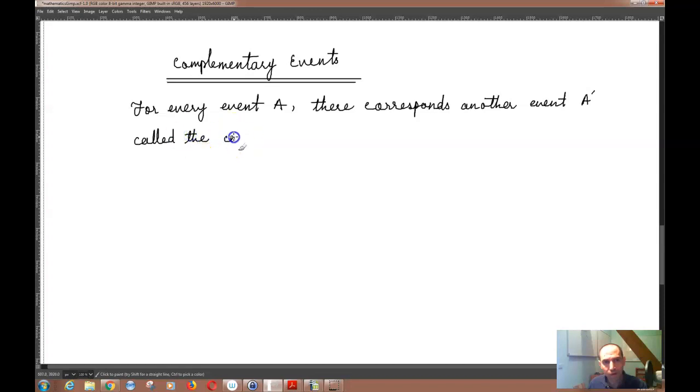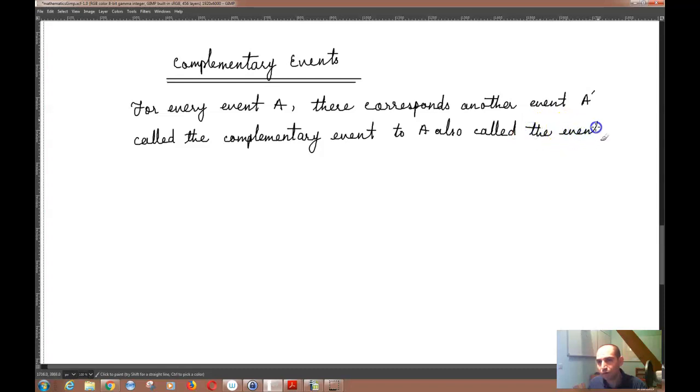The complementary event to A is also called the event not A. Now, for example, take the experiment of tossing 3 coins.